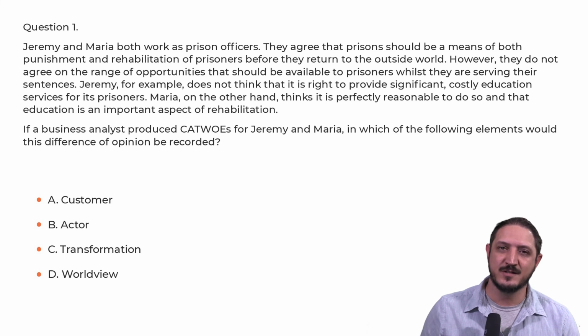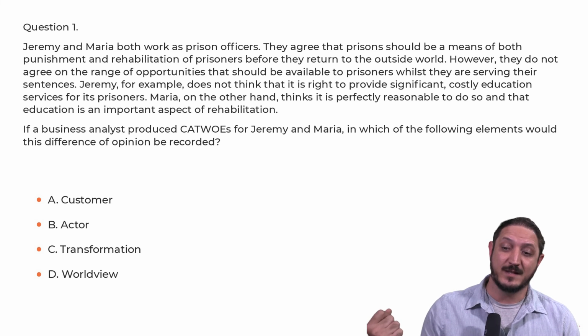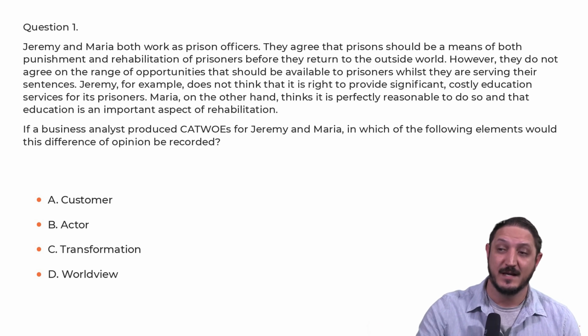Now, if we use our understanding of CATWOE, we can see that the range of opportunities doesn't fall under C, because they don't have a difference of opinion about who the prisoners are, who the C element, the customers of this system, are. They are discussing something else. They're also not discussing maybe the prison wardens, who are the people that are carrying out the process, which is the A element, the actors in the system. Now, what they could be discussing is the T element, because it's the transformation.